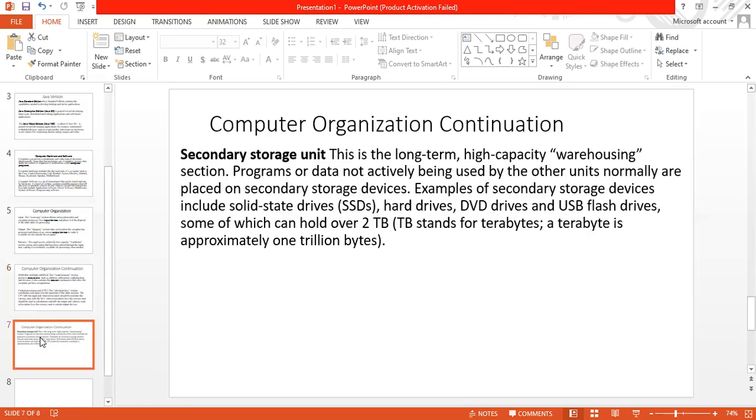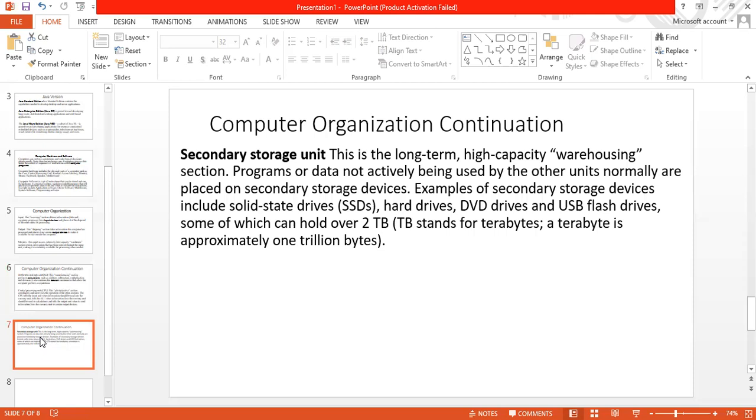Now, we also have the secondary storage unit. Don't forget, we talked about the memory unit. The memory units can be divided into two parts. We have the primary and the secondary. The secondary storage system is longer term.